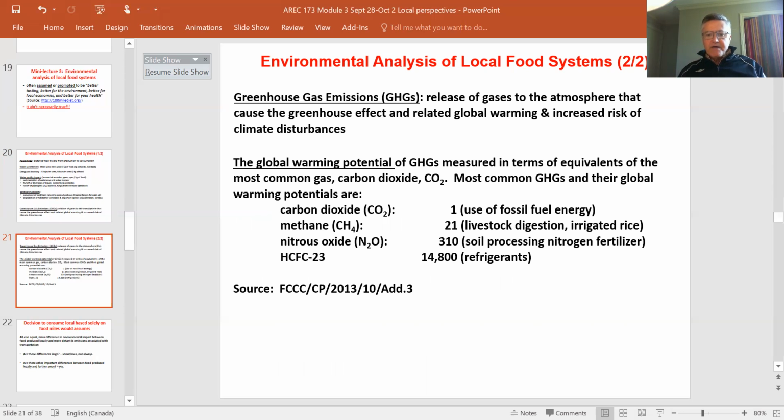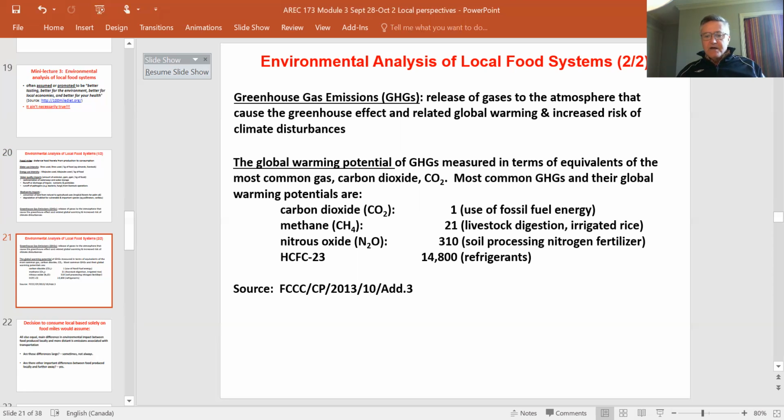If we think about methane, which is produced by animals' digestive systems, especially cattle, and also by irrigated rice systems that trap gases in anaerobic conditions, those receive a weight of 21. So for every unit of methane, it's the same as 21 units of CO2.